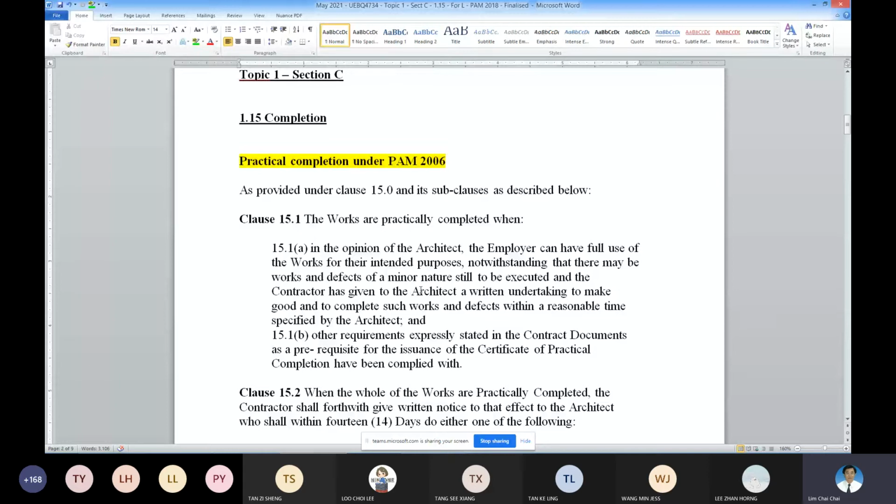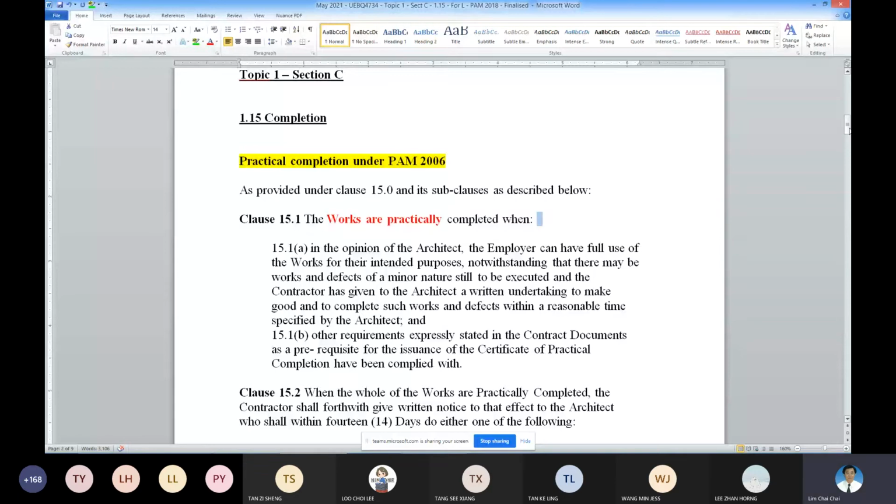Okay, so generally, if you consider the works as completed, then the contractor must trigger all this. So the contractor will make use of which clause to inform the consultants?